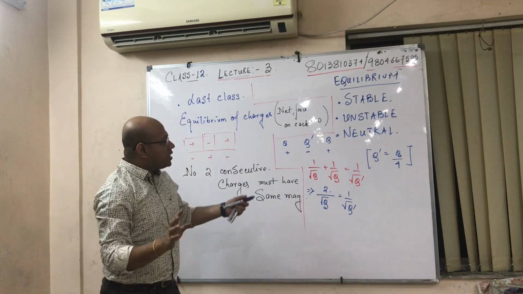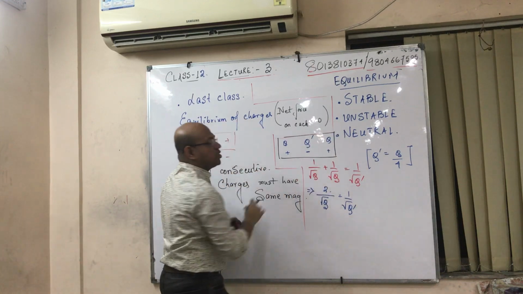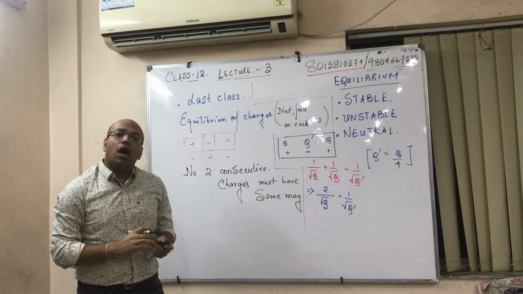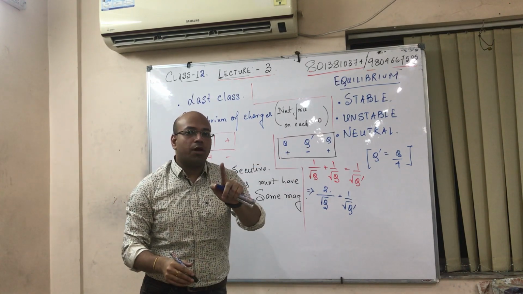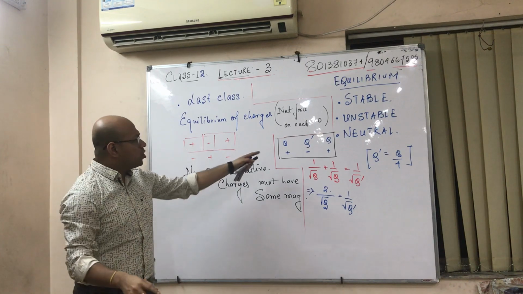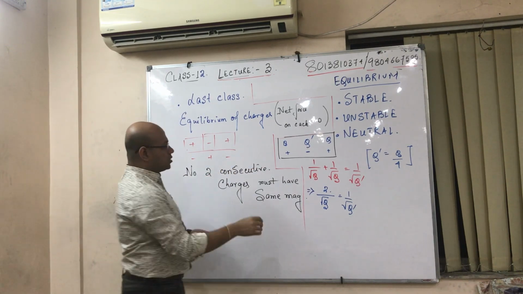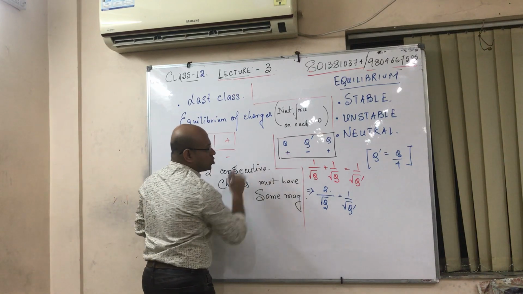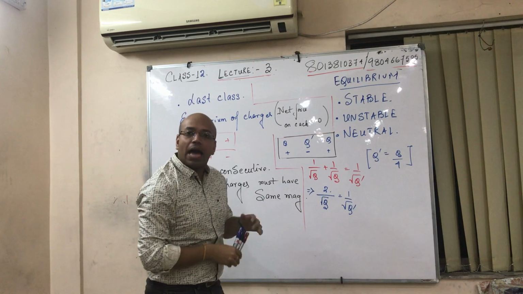Okay. So let us assume this is the configuration. How to say whether this configuration is in stable equilibrium, neutral equilibrium or unstable? Simple. You displace any one of the charges. Suppose I displace this charge over here, what happens?